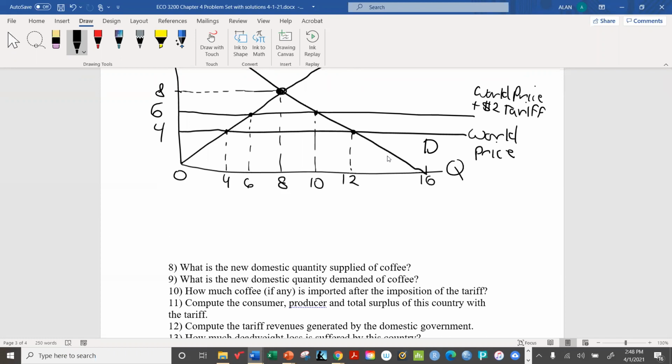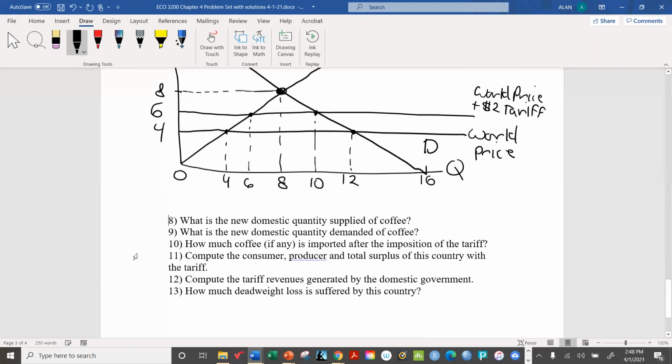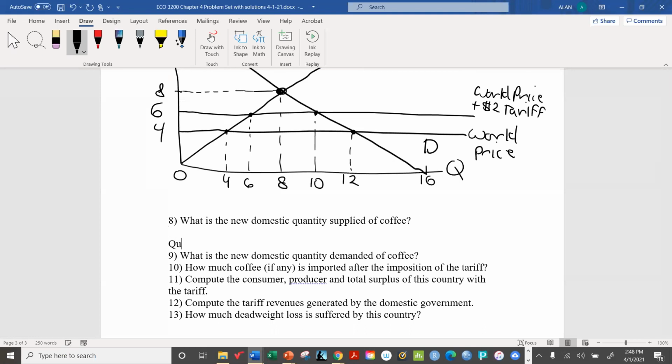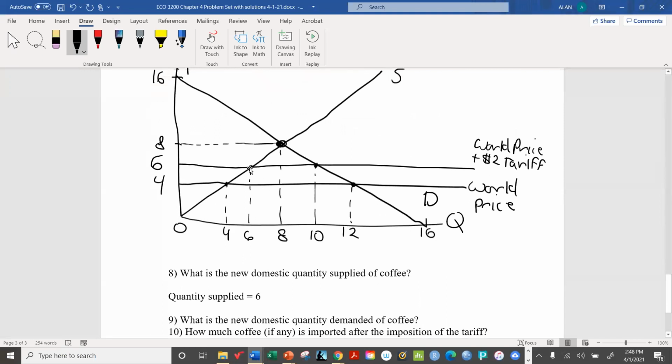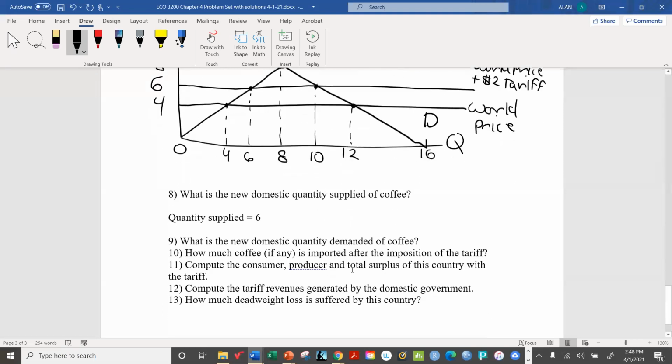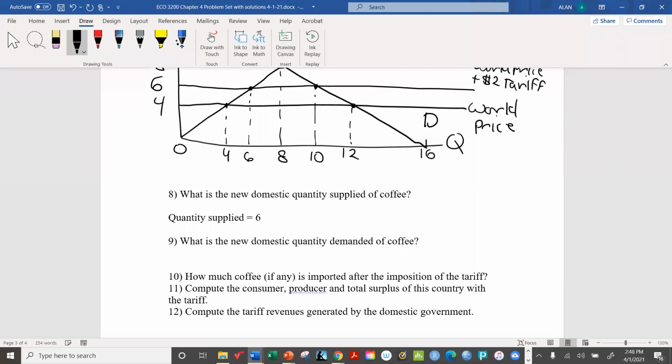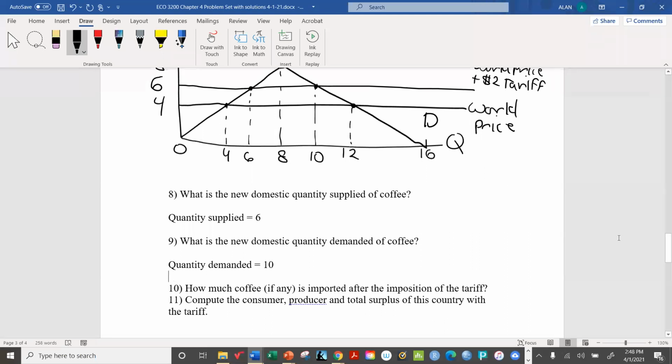Now they want to know what is now, with the tariff, the new domestic quantity supplied of coffee. So as we just saw from the chart, the quantity supplied is now 6 right here, and the quantity demanded is 10 over here. How much coffee, if any, is imported after the imposition of the tariff?